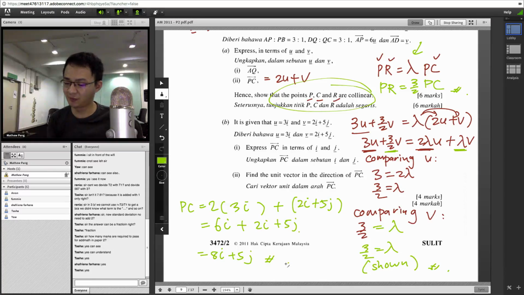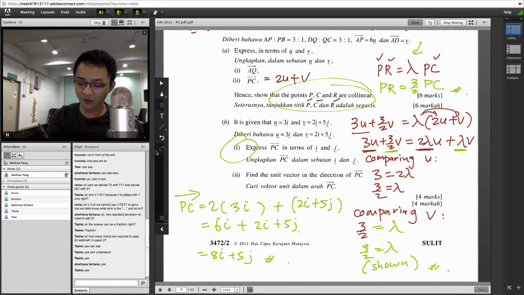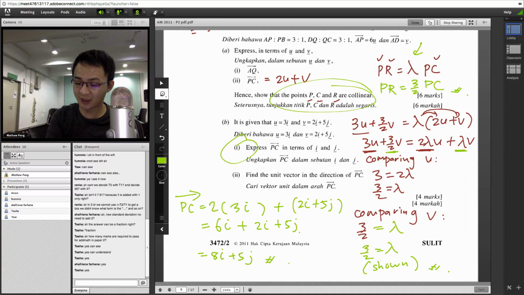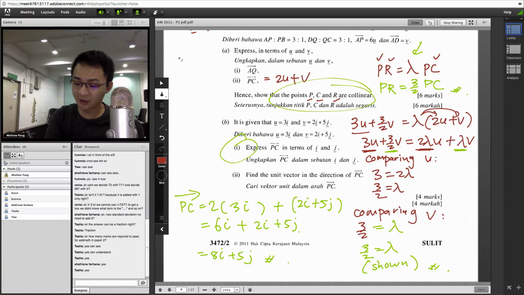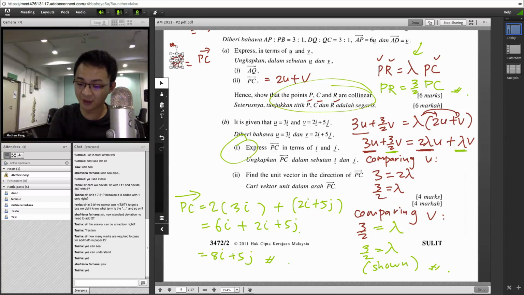Okay, it's sort of a bonus mark for this one. And the second one asks you to find a unit vector of PC. So in order to get the unit vector, you will need to remember the formula for the unit vector.